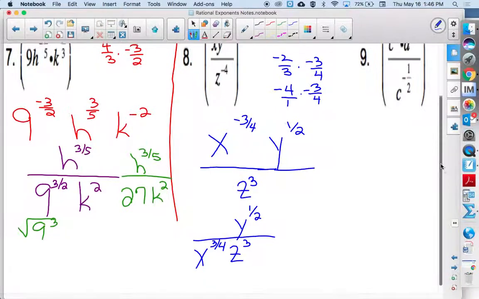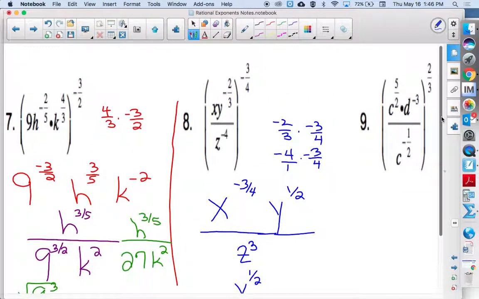The last one has some c's and d's. So Virginia, c to the 5/2 times positive 2/3. That's 5/3. Positive. 2 positive powers. Alright, d negative 3 to the 2/3. Right, nice. And then on the bottom you have c to the negative 1/2 and then 2/3.